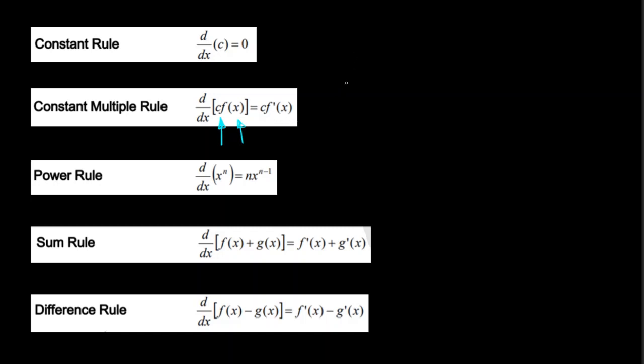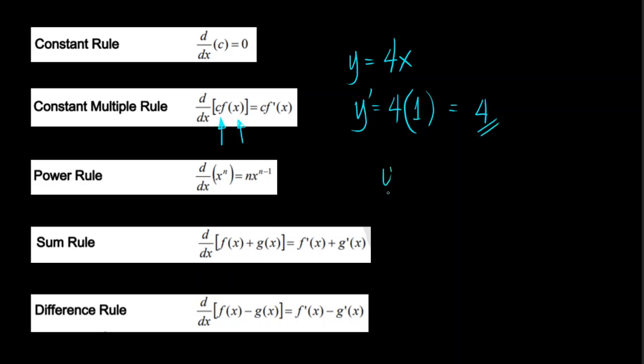For example, what is the derivative of 4x? Out of the constant multiple rule, the derivative is now 4 times the derivative of x, which is actually just 1. And this gives us 4 as the derivative of 4x.